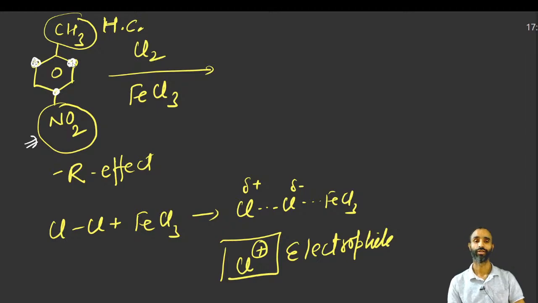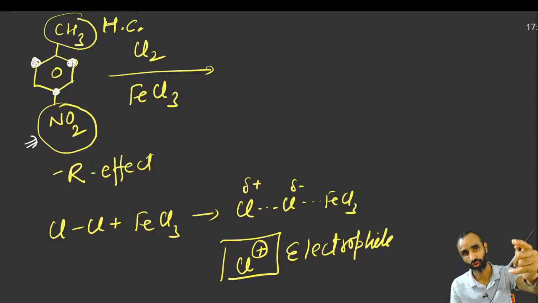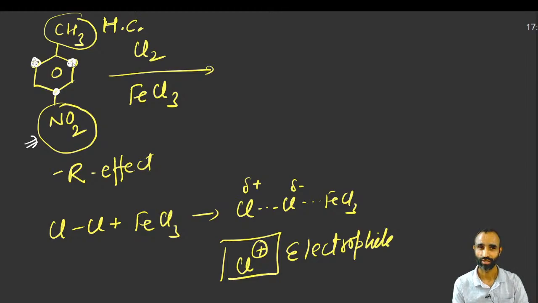But let us say we have methyl and nitro in such positions that they are directing the electrophile to different positions. Here, what is the case? Methyl will direct it to ortho and para, nitro will direct to meta, and the ortho of methyl and meta of nitro are the same. So there is no confusion at all. But if they are different, which group do we consider to direct the electrophile?